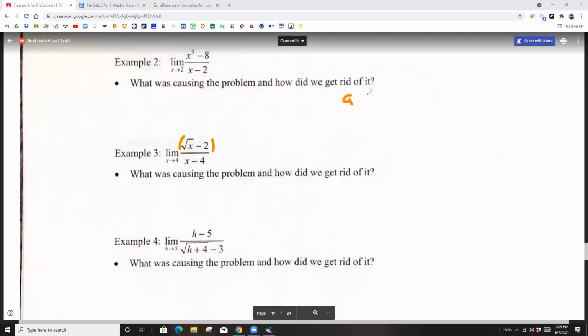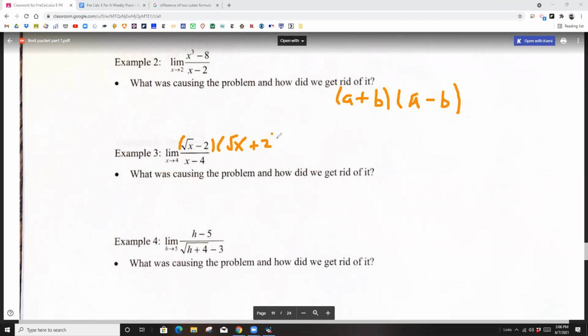And conjugate pairs are just defined as, if you have a sum of any 2 numbers, for any binomial, its conjugate pair is just the difference of the same 2 numbers. So the conjugate pair that goes with root x minus 2 would be root x plus 2.